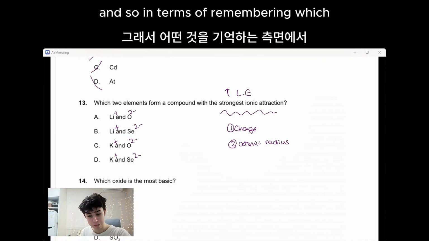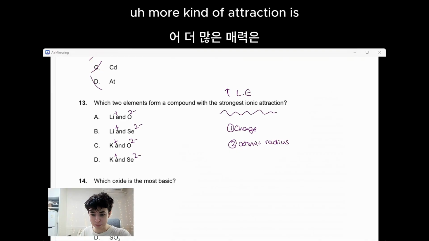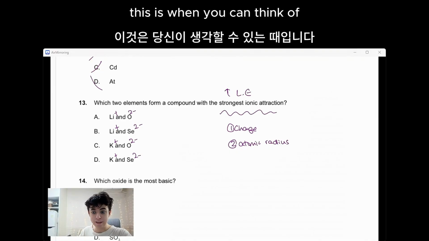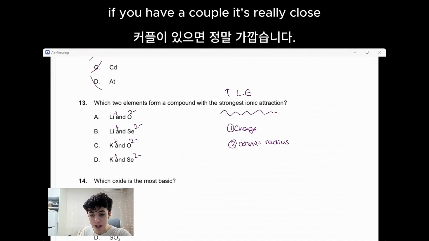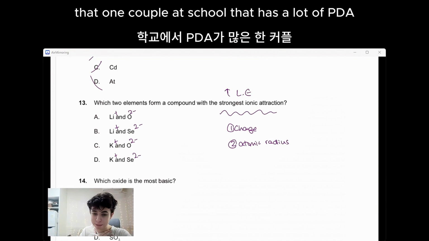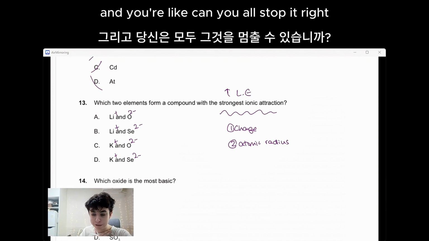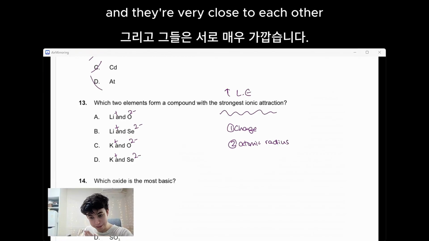And so in terms of remembering whether a bigger or smaller radius causes more attraction, you can think of people. If you have a couple that is really close, they're in love, they love each other very much, that one couple at school that has a lot of PDA, and you're like, can you all stop it? They're annoying. And so if they love each other very much, they have very strong attraction and they're very close to each other.